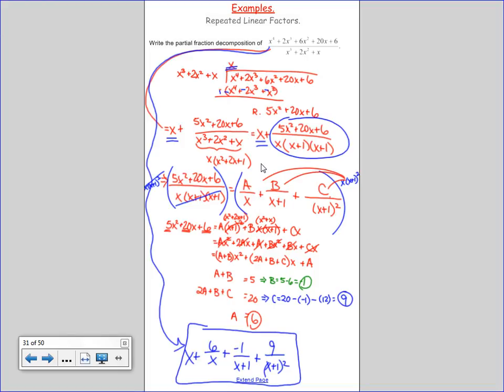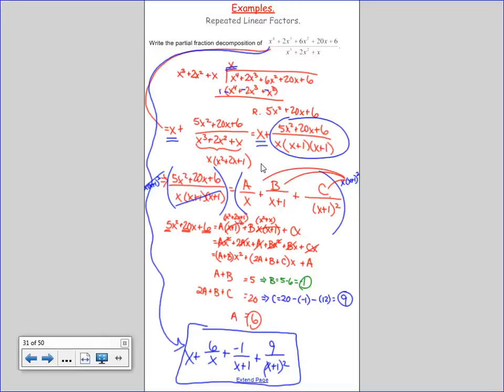Because we split it up into all the possible parts that could combine to be that function. So this one I could do times x plus 1 over x plus 1, and it could be a part as well. So I want to start at the lowest power, starting at 1, and build up to, this time, squared.